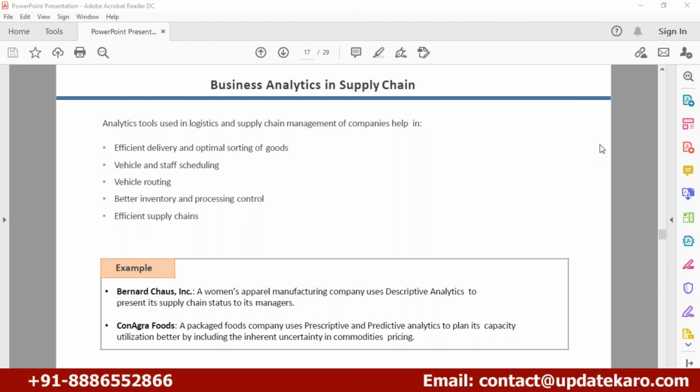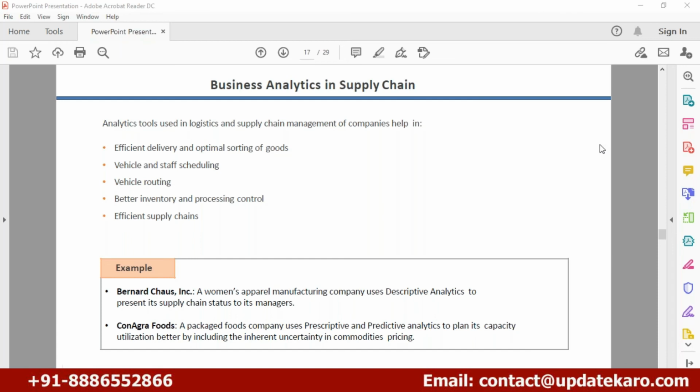How you supply the goods to the customer: efficient delivery and optimal sorting of goods. How efficiently you are delivering the goods, right? And the vehicle and staff scheduling. Let us say we have Amazon. There are huge amounts of orders coming in every day, every minute. So how do they manage all these things?